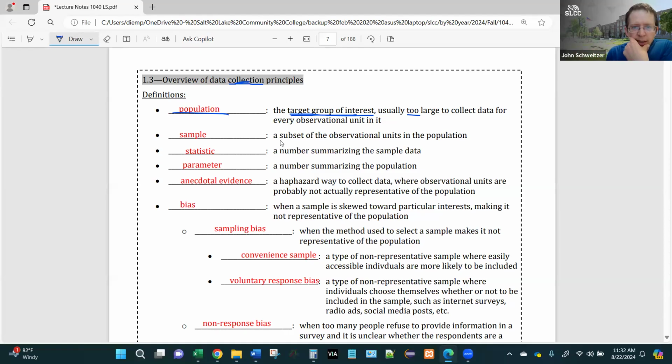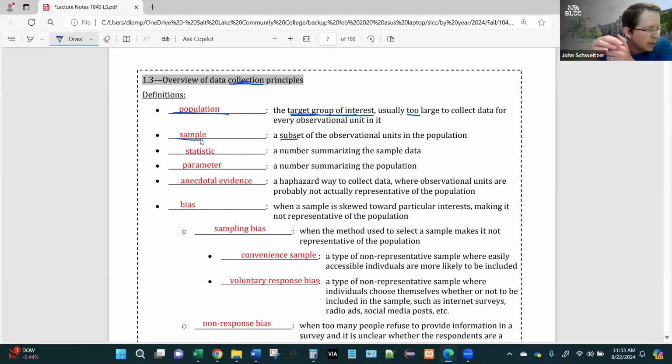So what we do is we take a subset of individuals. Okay, that subset is called the sample. But this can introduce problems because our sample might not look like the population, right? The sample might be non-representative of the overall population.